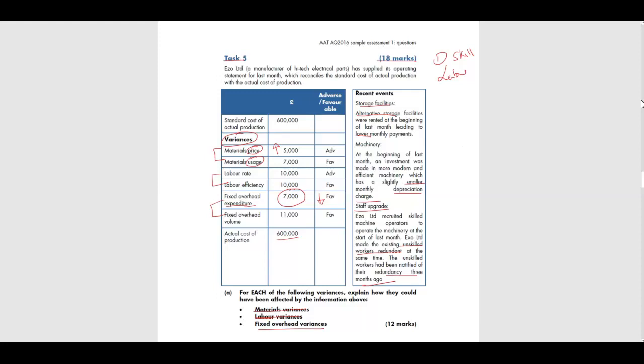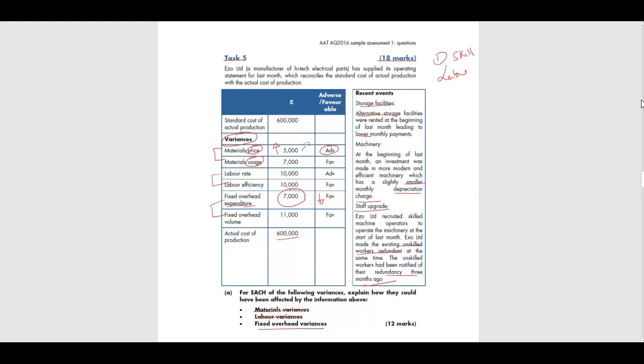But now I change the strategy, and I'm buying very good quality material. If I buy very good quality material, of course I have to pay more for that, and that will bring a material price variance adverse. This is the possible reason the company is paying more, and that brings the material price variance adverse.